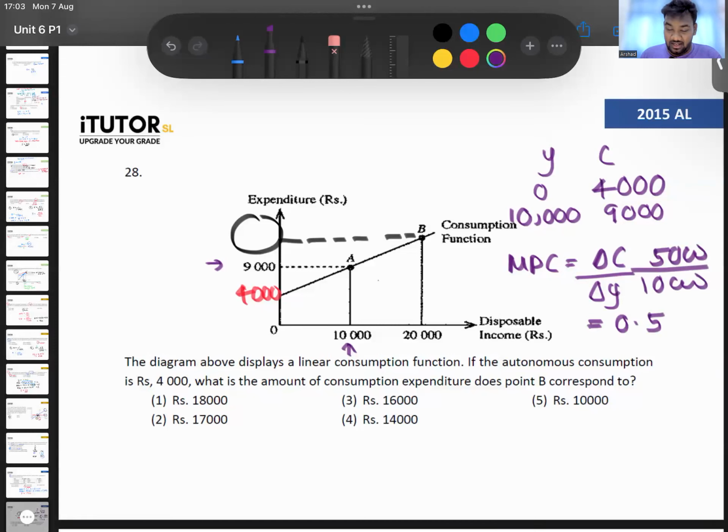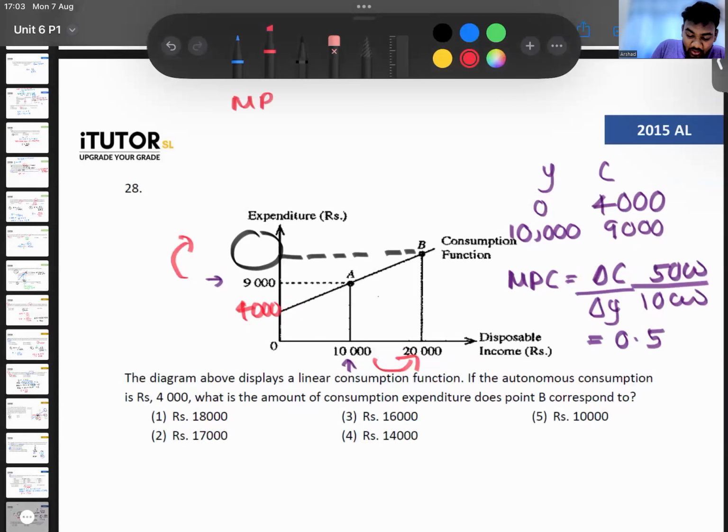Okay. Now with that MPC equation, we can calculate this one, don't you think? MPC is equal to change in consumption divided by the change in income. Or you can make a consumption equation and find this. So MPC is 0.5. Change in consumption, we don't know. How much is the change in income? 10,000 going to 20,000.